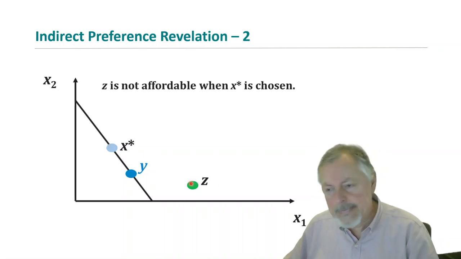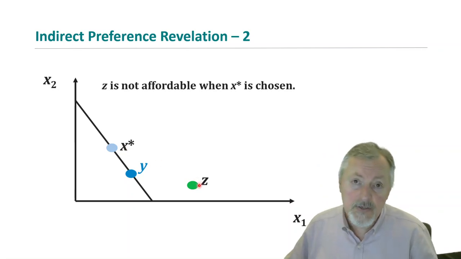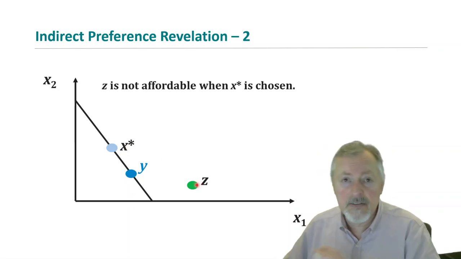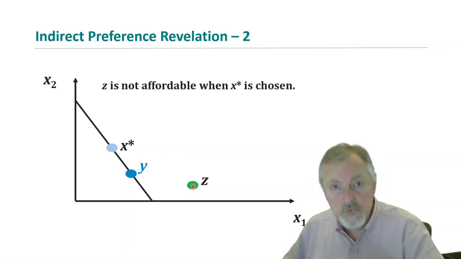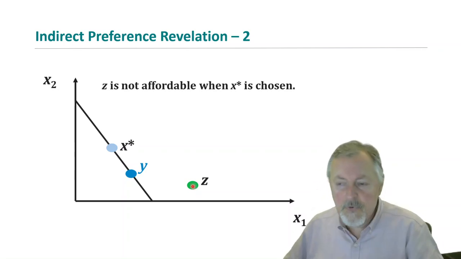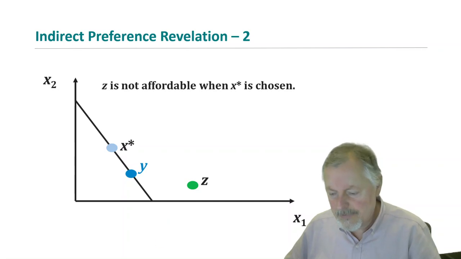Therefore, it doesn't tell you anything about the relationship between X and Z. Maybe you like X better than Z, maybe you like Z better than X. It was impossible for you to buy Z, to choose Z. Therefore, the fact that you didn't doesn't tell us anything.